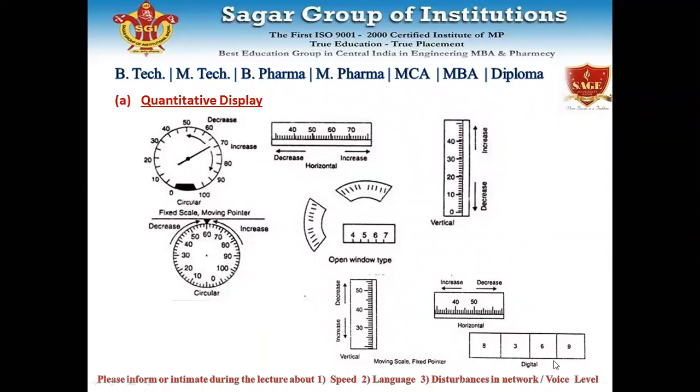So what we are showing is the relative advantage and limitation of these types. We find that the moving pointer type provides us a perpetual feel of the quantification, which is not the case with the moving scale type. So the good, perpetual feel comes properly in the pointer type as compared to the scale type.